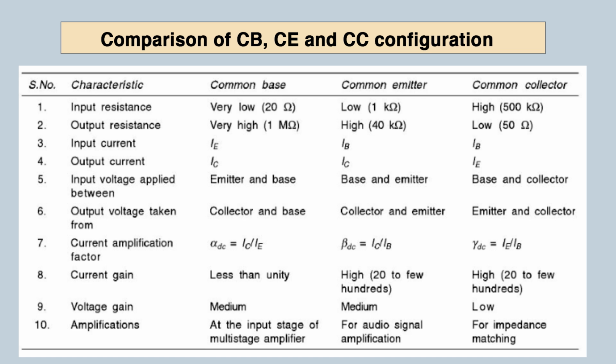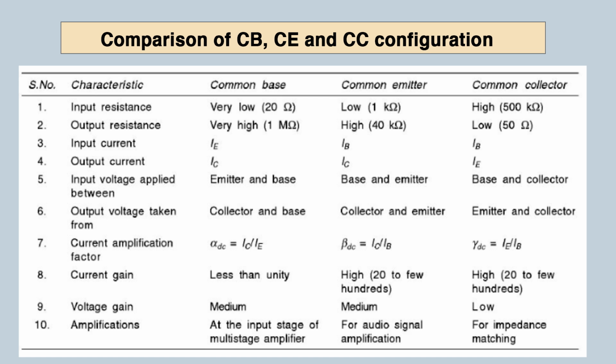Output voltage is taken between the collector and base for the common base configuration. For common emitter configuration it is taken from the collector and emitter, and for the common collector it will be emitter and collector.